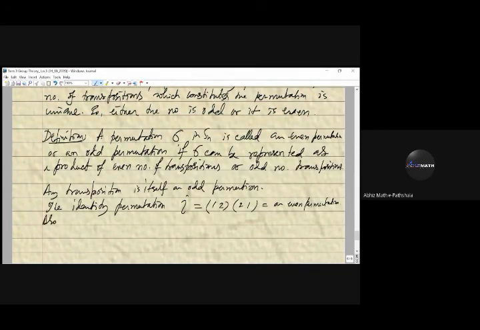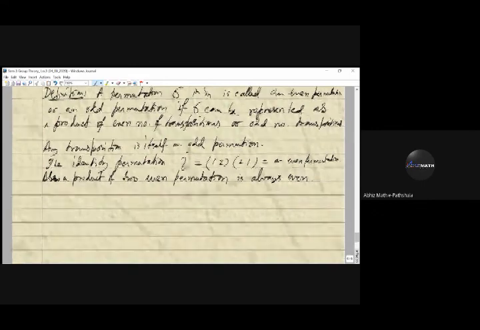even permutations is always an even permutation. Also, a product of two even permutations is always even, right?